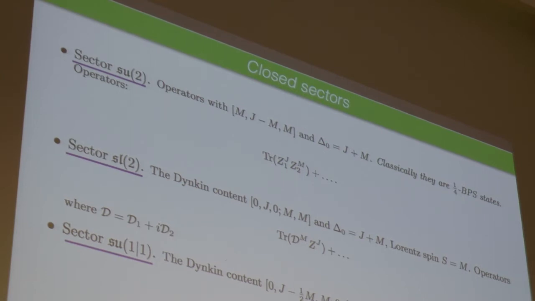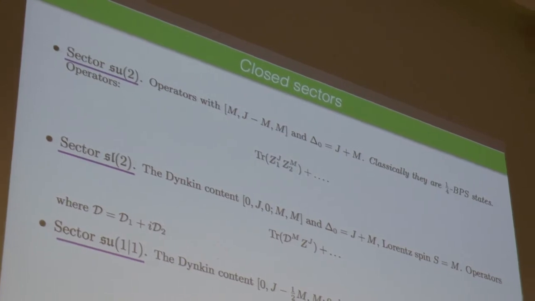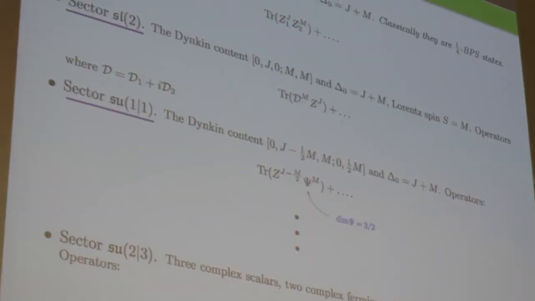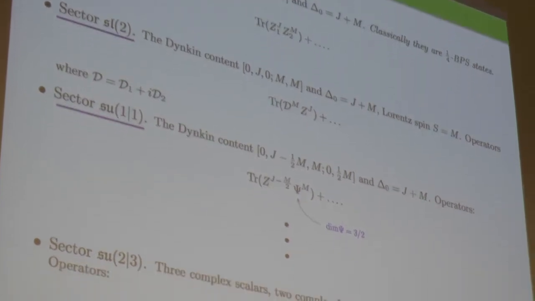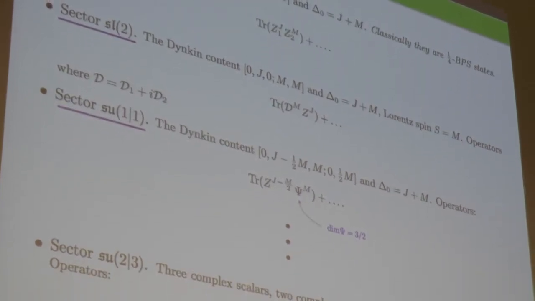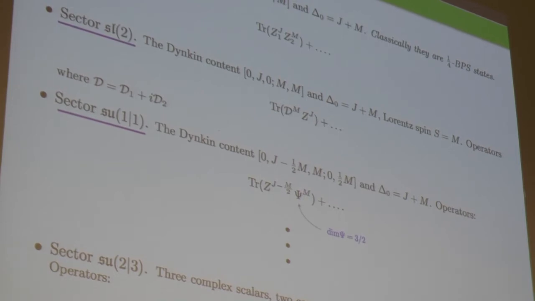Dots mean that you can put the derivatives at various positions between these. There is also the so-called SU(1|1) sector, which involves the complex scalar Z and one fermion psi.